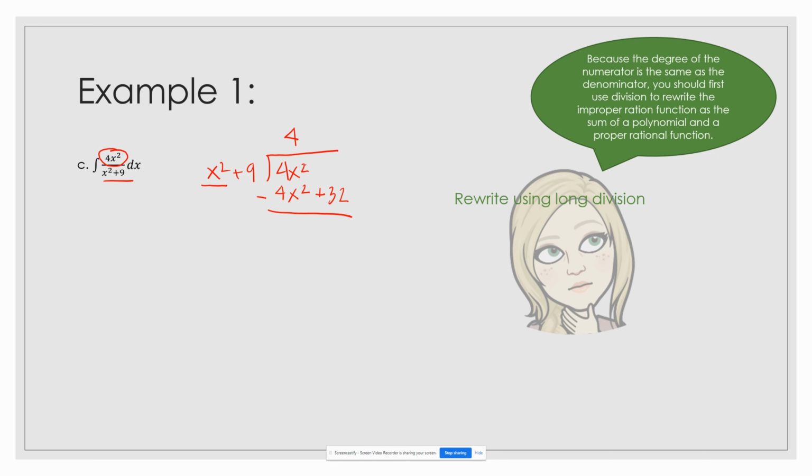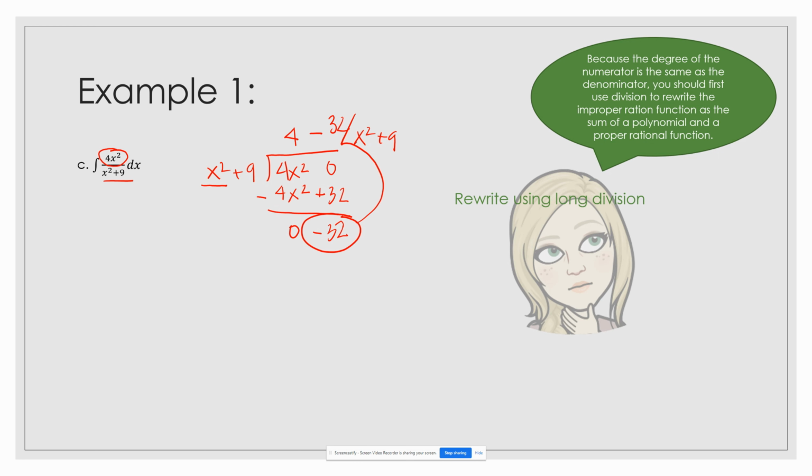So we get 4x squared minus 4x squared is 0. 0 minus 36 is negative 36. And that's our remainder. And so we write our remainder up on the top like minus 36 over x squared plus 9.